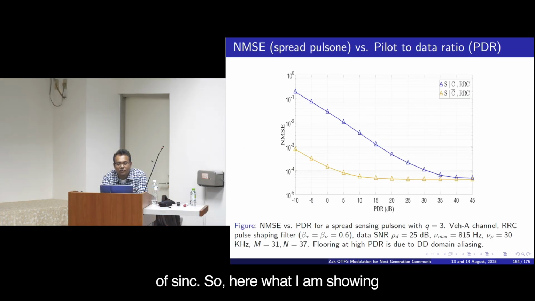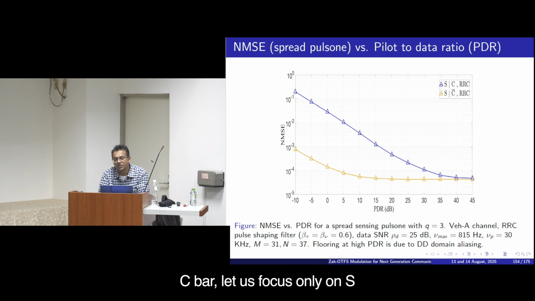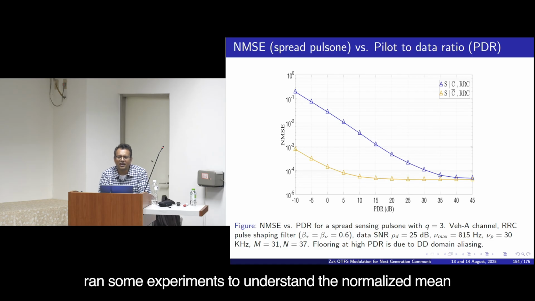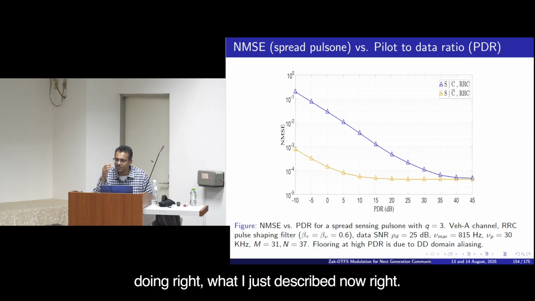So, here what I am showing is, do not worry about this C bar, let us focus only on S by C. We also ran some experiments to understand the normalized mean square error of this estimation that we are doing, right, what I just described now.